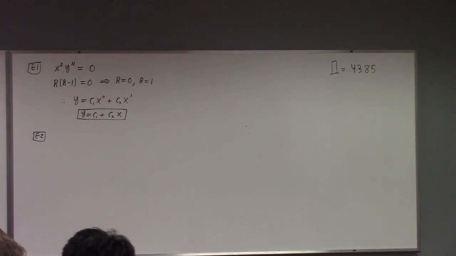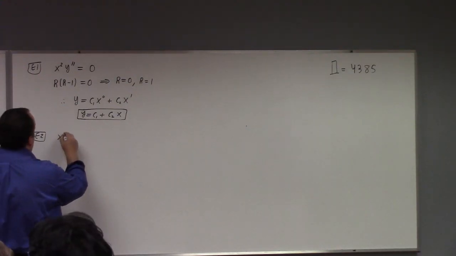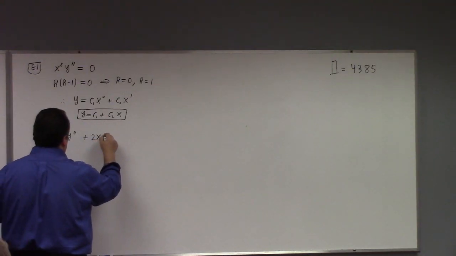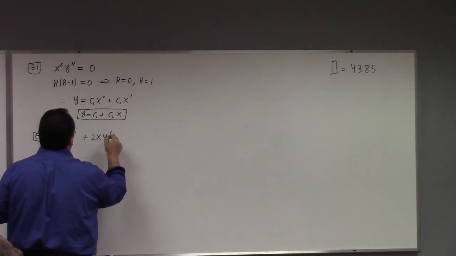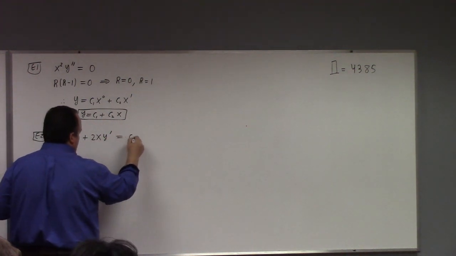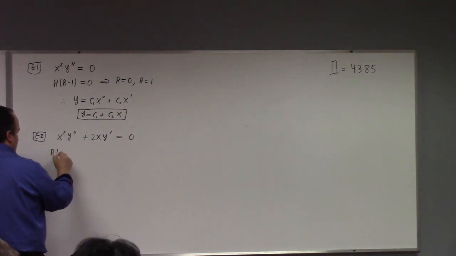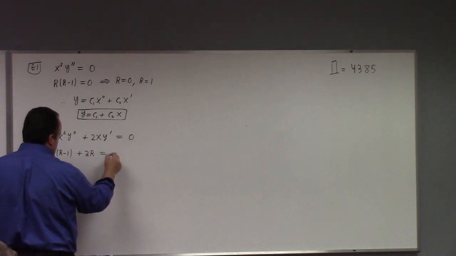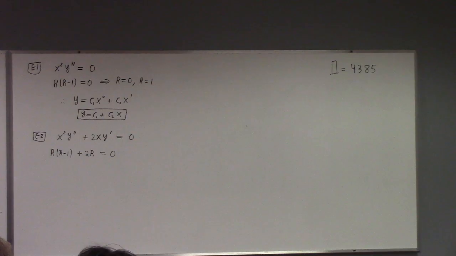Example 2, what if we had x squared y prime prime plus 2x y prime equals 0? Characteristic equation: r times (r minus 1) plus 2r equals 0.